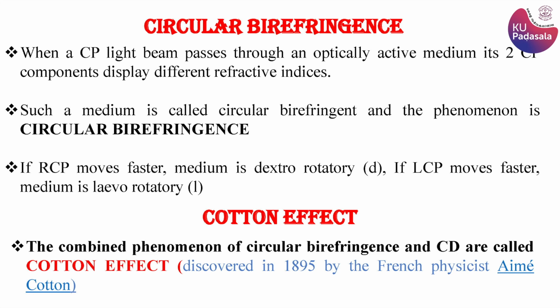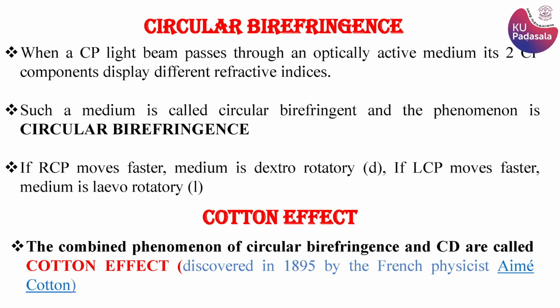So, what is circular birefringence? We all know that when light passes through a medium, it undergoes a process called refraction. Refraction is essentially the bending of light when it passes from one medium to another, because of the difference in the speed of light in the two media. When ordinary light bends, there is no further component, but when circularly polarized light bends, the right circularly polarized light will bend to a different extent than the left circularly polarized light in an optically active medium.